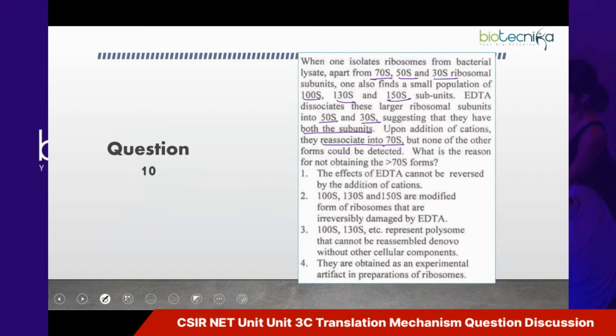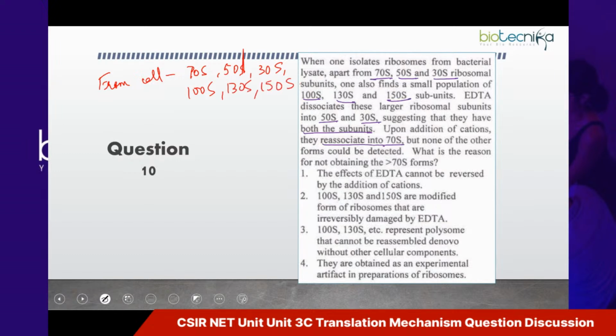So what it is saying is, when we extract the ribosome from the cell, we find 70S, 50S, 30S, 100S, 130S, and also 150S ribosomal subunits.